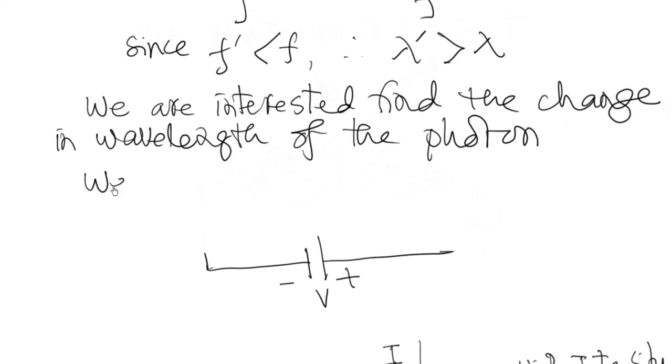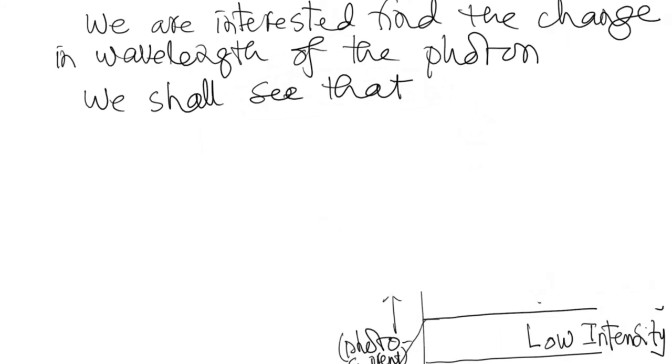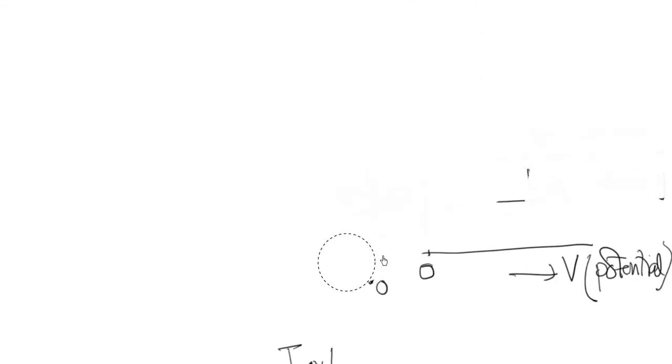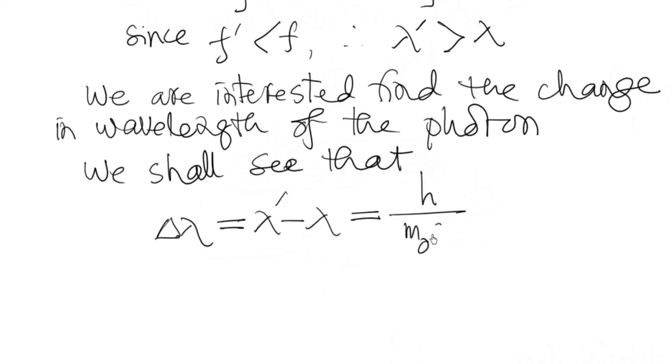And we shall see that delta lambda, which is the difference, lambda prime minus lambda, will be given by h, Planck's constant, divided by m naught c, where m naught is the rest mass of the electron and c the speed of light, times 1 minus cos theta.